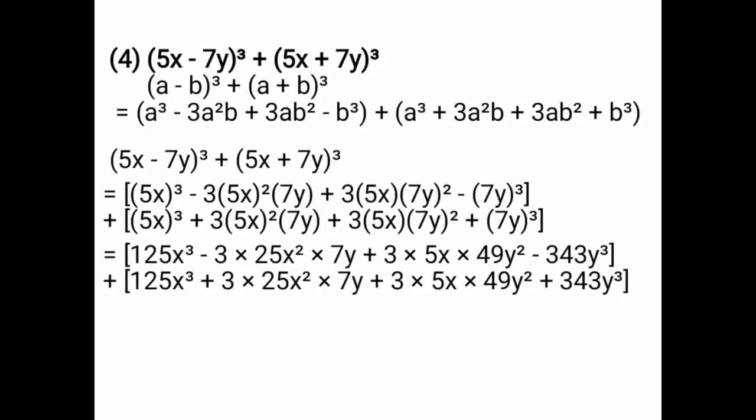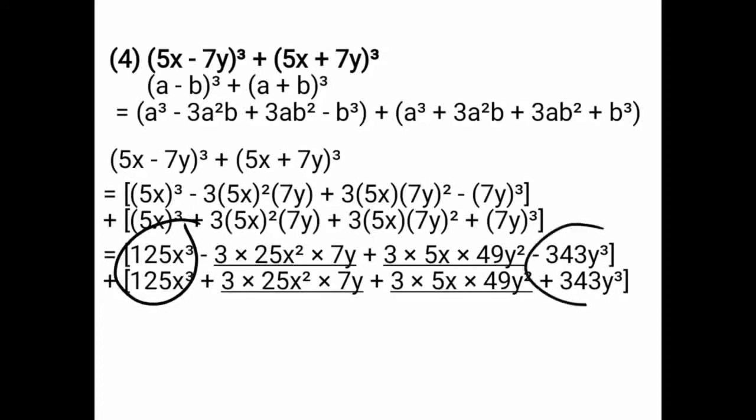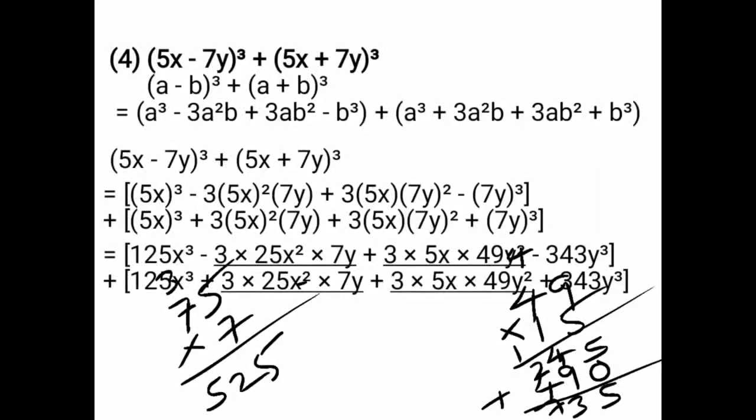Now underline 3a square b plus 3ab square and multiply. The a cube side and b cube side you don't have to do anything. I have solved here, so for the next step you have to write as it is. Only you have to solve 3a square b plus 3ab square in both the brackets. You have to only multiply. 3 into 25, 75. 75 into 7, the answer is 525. 525 into x square into y is 525x square y.